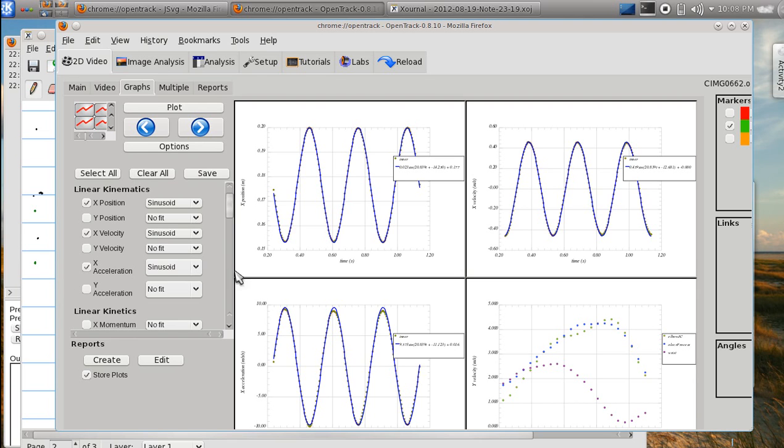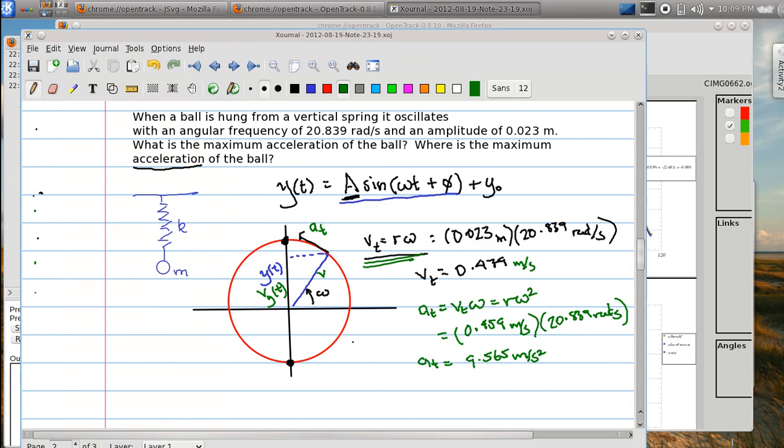And if you do calculus, you would see that the second graph is the derivative of the first graph, and the third graph is the derivative of the second graph. So you can actually get the phases out by doing a phase shift of pi over 2 in your sine in order to get to the acceleration from the velocity or the velocity from the position.